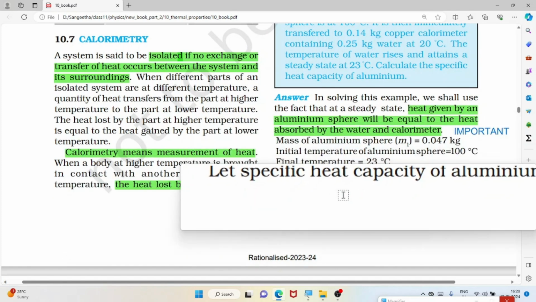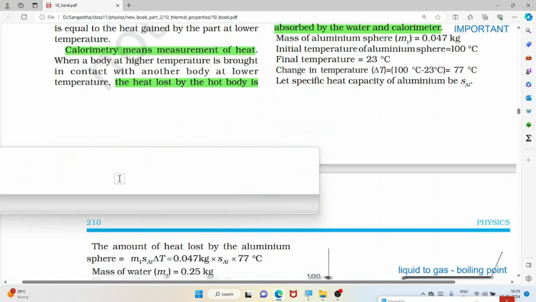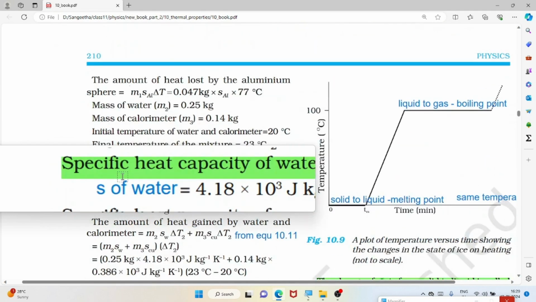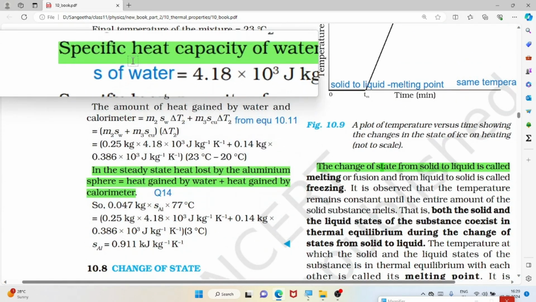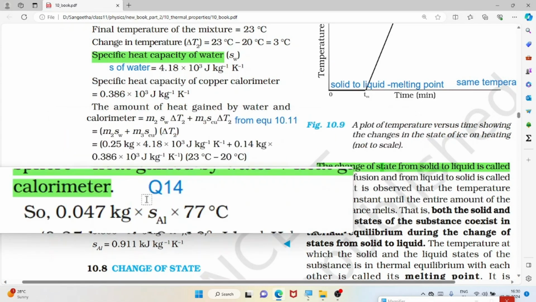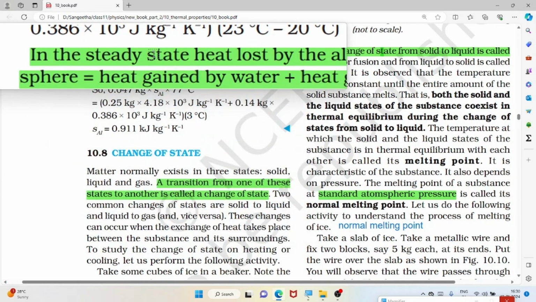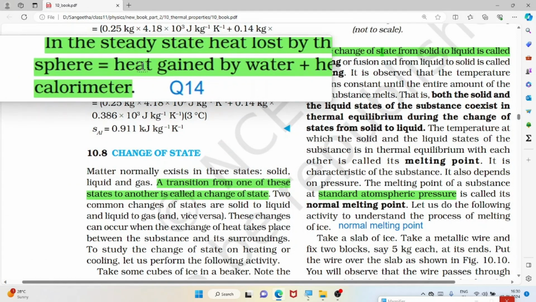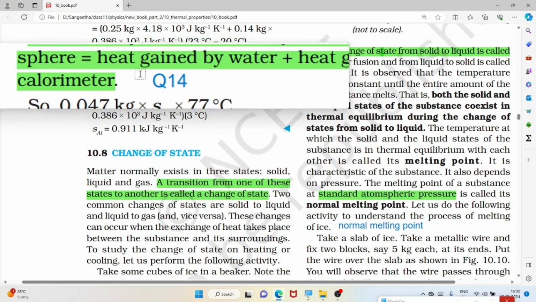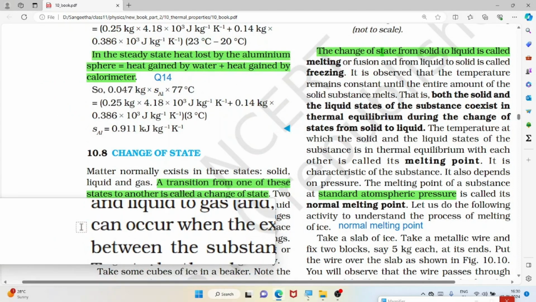Heat given by the aluminum sphere is equal to the heat absorbed by the water and the calorimeter. In the steady state, heat lost by the aluminum sphere is equal to heat gained by the water plus heat gained by the calorimeter. That is important.